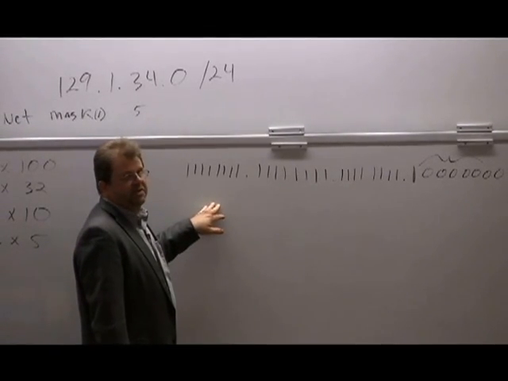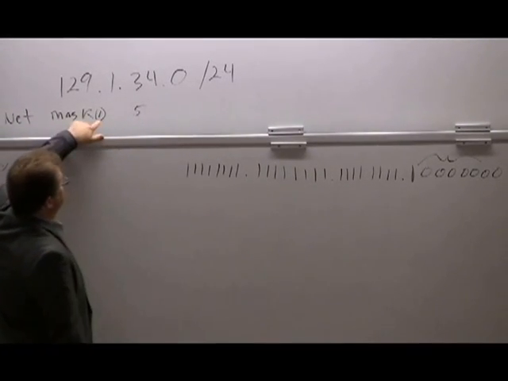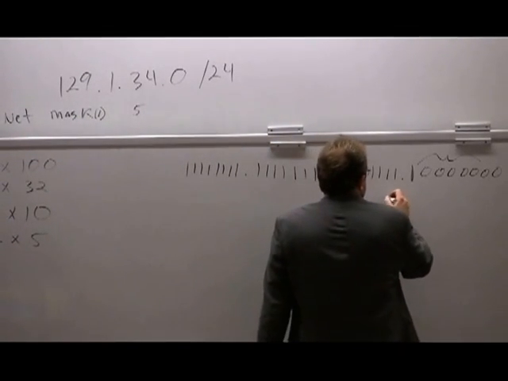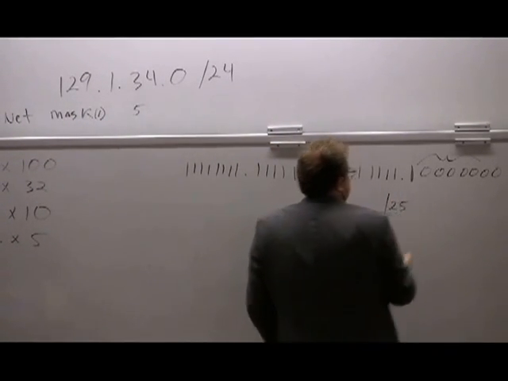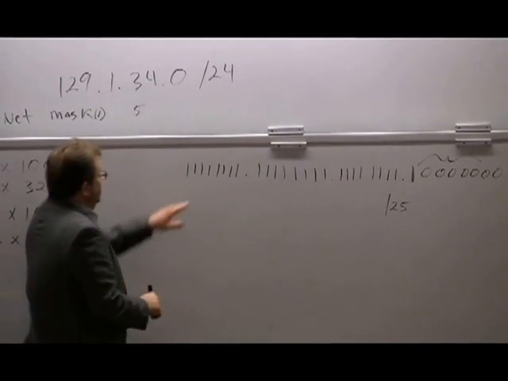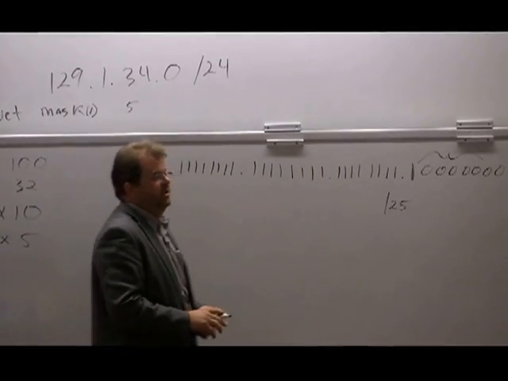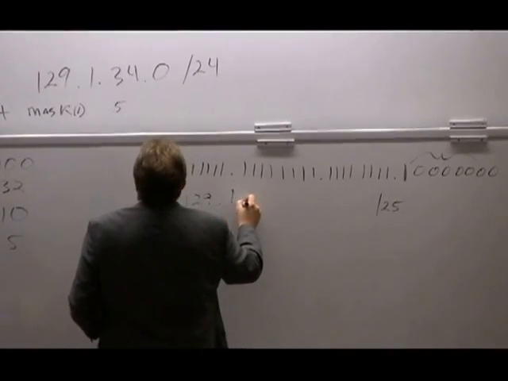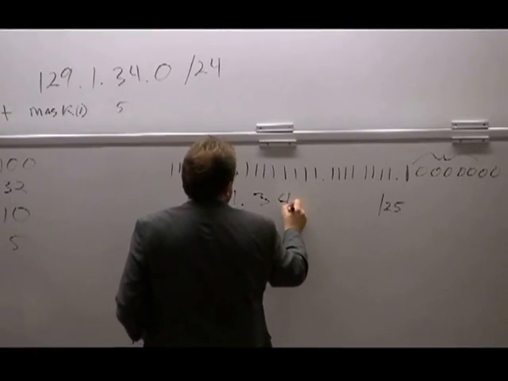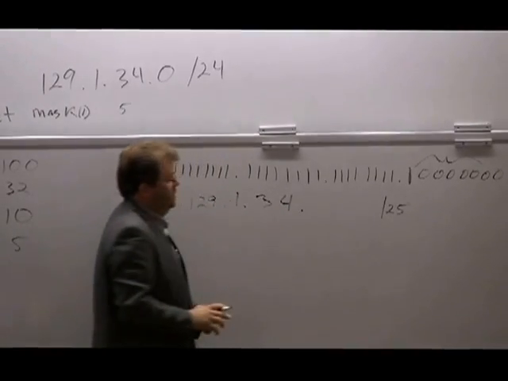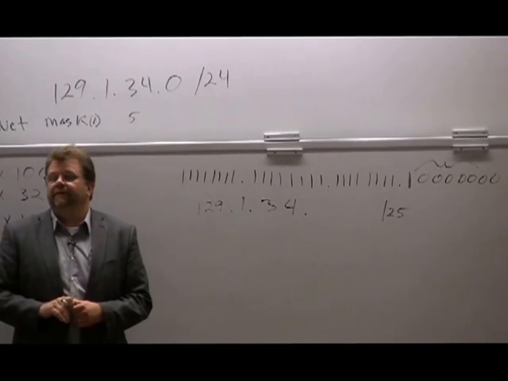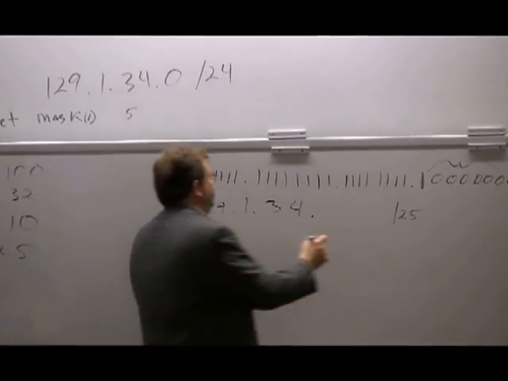What's our first mask in slash notation? Let's get that on paper. And we know the first 3 octets don't change. Dot 128. Dot 0.